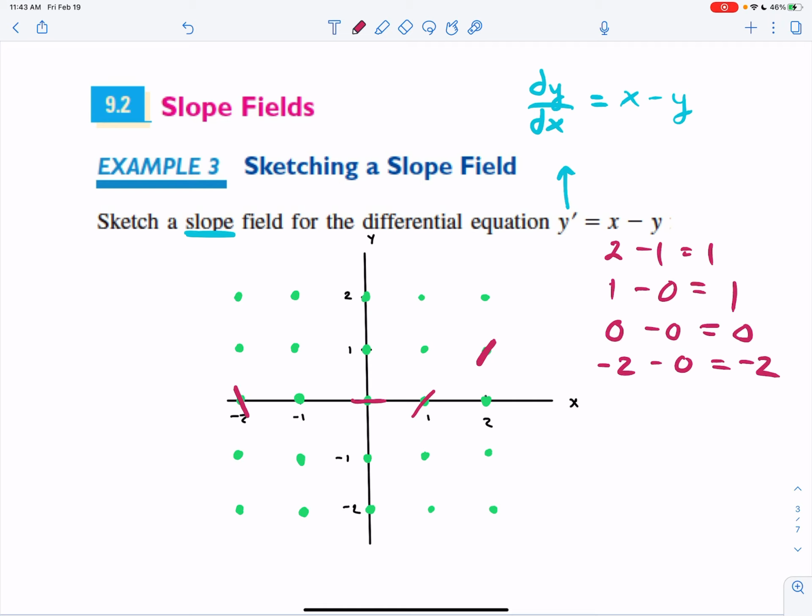I'm going to go ahead and focus on this one now. Negative 1, 0, which is negative 1 minus 0, is negative 1. Now, here's where you want to pay attention. That also has a negative slope, but it's not as negative as the previous one. So it'll be a negative slope, but not as steep.